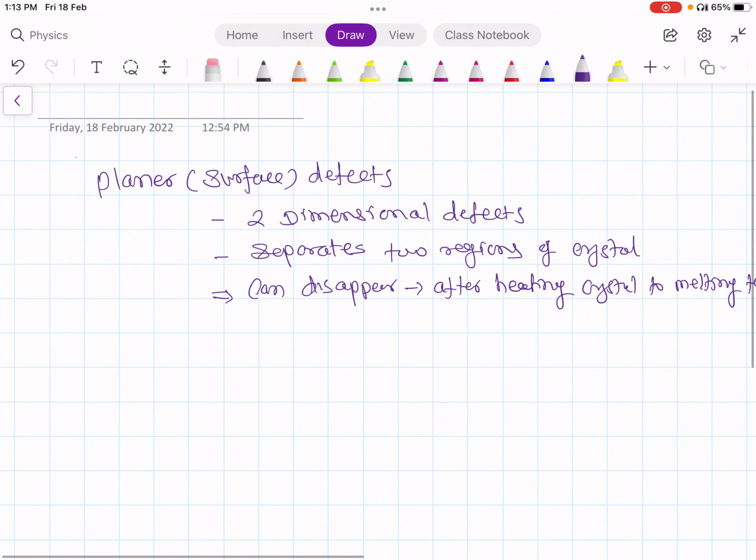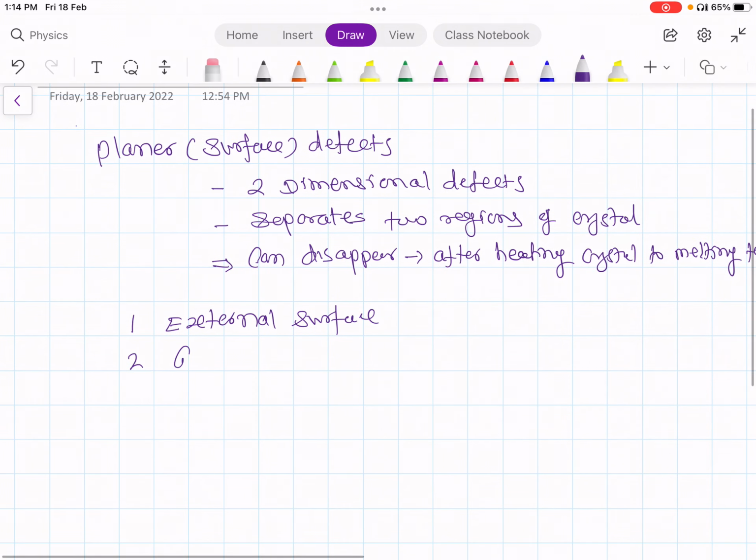There are four different types of surface defects. The first surface defect is external surface. Second defect is grain boundaries.